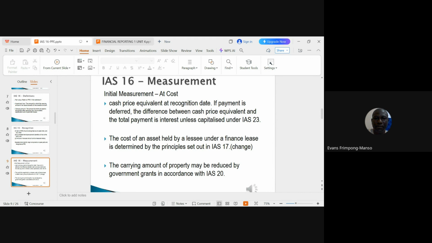And the standard says that property, plant, and equipment are initially measured at cost. That is the key word there you need to understand. All that you need to know is that property, plant, and equipment are initially measured at cost.